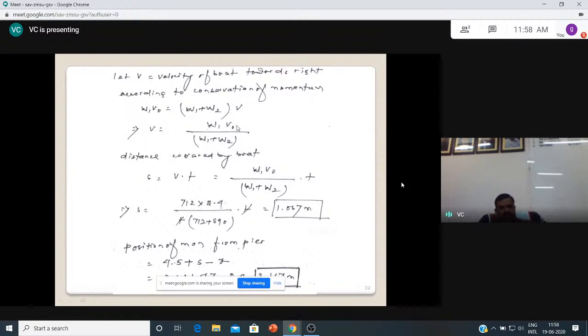Then find out the distance covered by the boat: x is equal to final velocity into time. The time we already got, V we already got, V into t. The t and t will be cancelled.